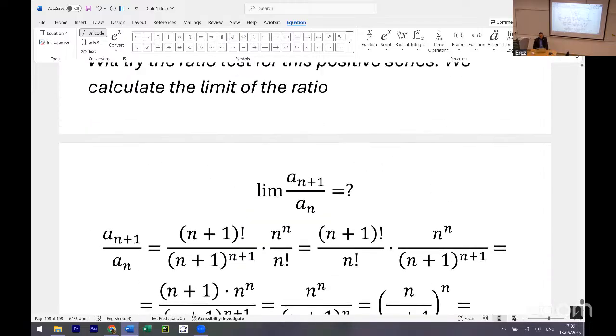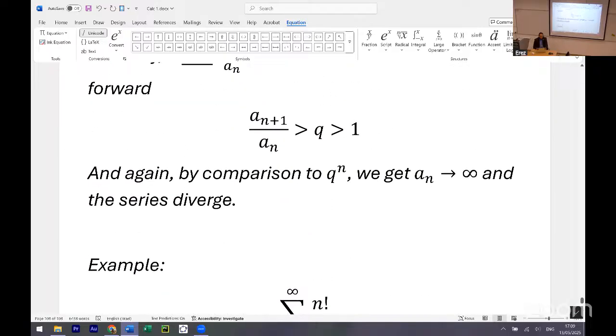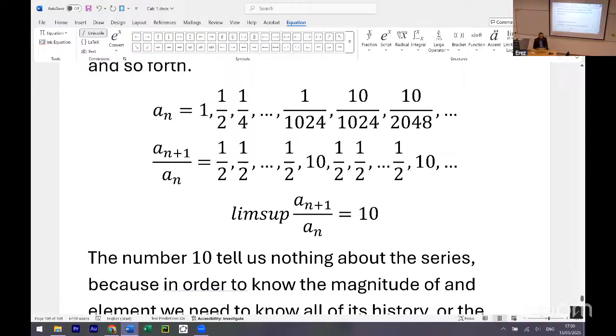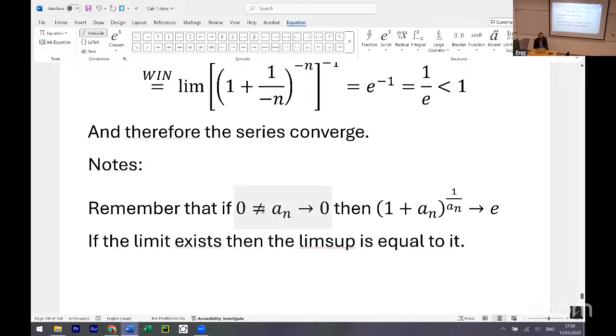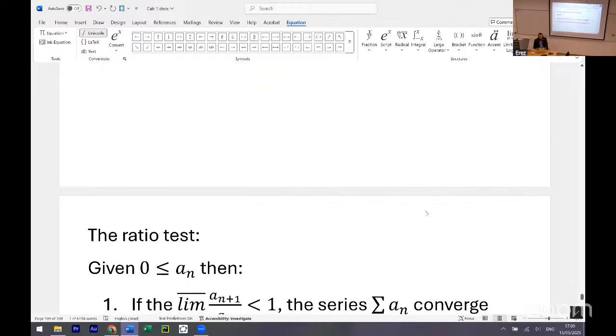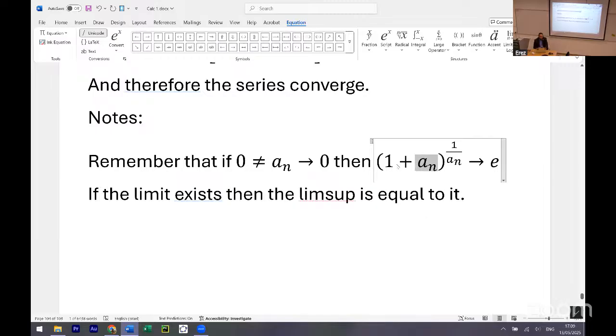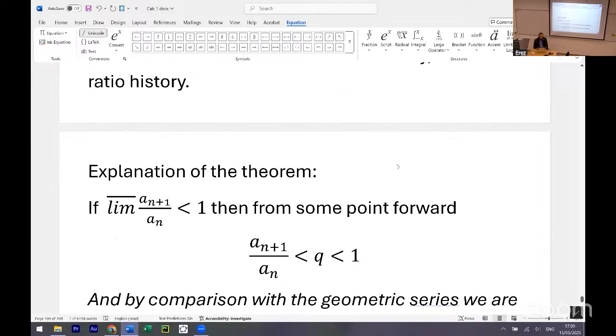Here you need that this part goes to 0 for that to work. Suppose an was, for instance, 1. 1 plus 1 is 2, in the power of 1, it's not e, right? It only fits when it's 1 plus something that goes to 0. It's for 1 in the power of infinity. These are different ways to write 1 in the power of infinity, basically.